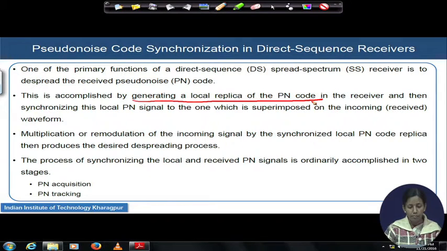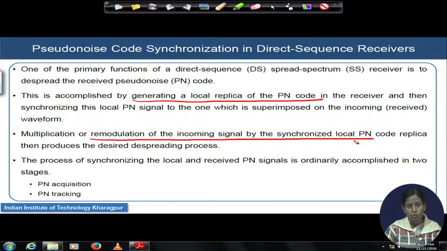We expect that the PN signal which is superimposed on the data in the transmitted signal will now get multiplied with this locally generated PN code, and hence we use the term remodulation of the incoming signal by the synchronized local PN code.